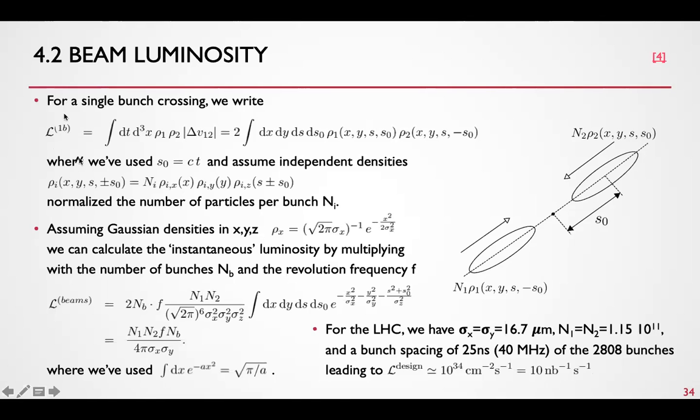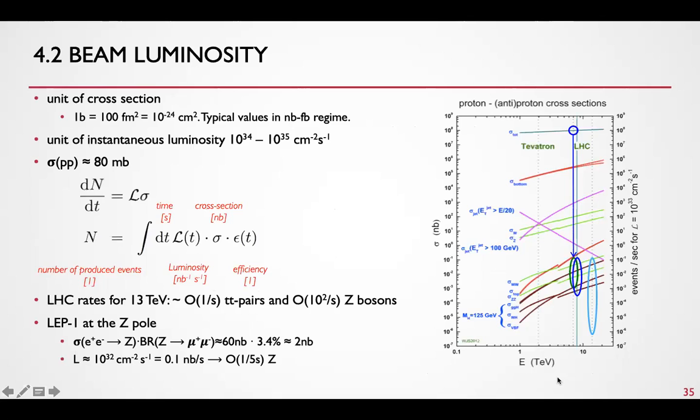We can calculate easily the luminosity that is provided by two bunches that collide. And because we have 2,808 bunches colliding with the revolution frequency of the LHC, which is 11 kilohertz, we can compute very easily the LHC design luminosity of 10 inverse nanobarn per second.